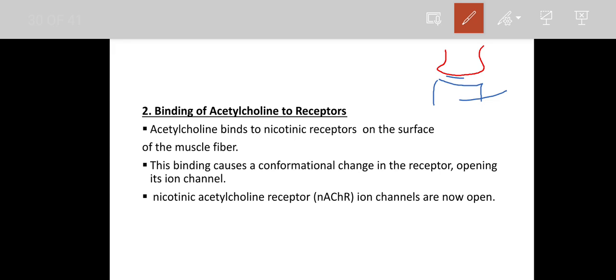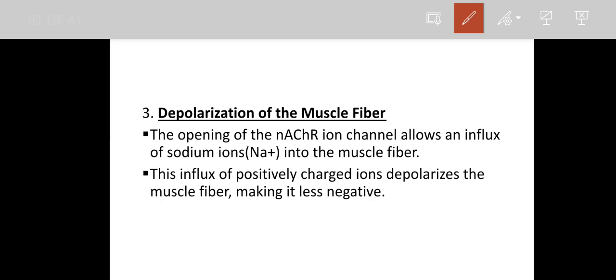Specifically, here we are talking about the opening of what we call sodium voltage-gated channels. Then we have this nicotinic acetylcholine receptor ion channel now open. These are basically the sodium channels in the muscle fiber. Once they open, we go to the next step, which is the depolarization of the muscle fiber.